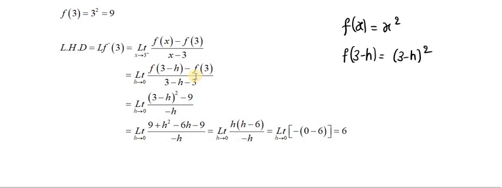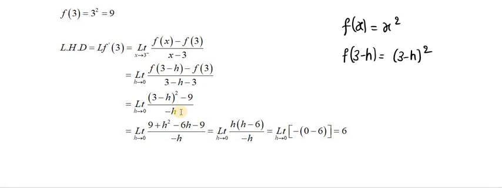Already we know f of 3 value, that is 9. Observe the denominator. Here we have positive 3 and also negative 3. So, cancel 3 and negative 3. Then we are going to get minus h in the denominator.